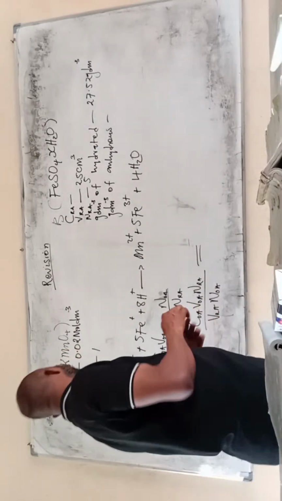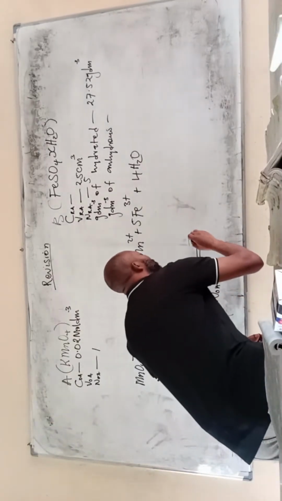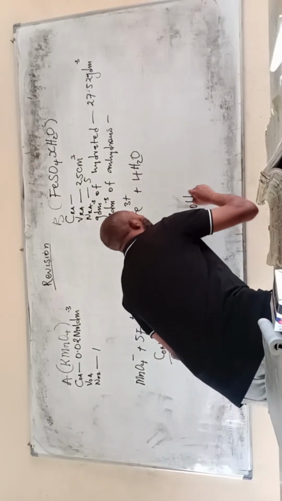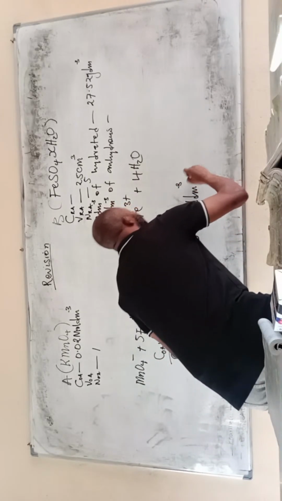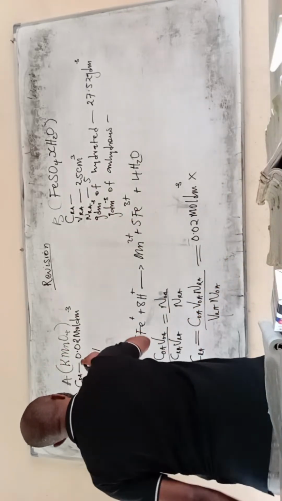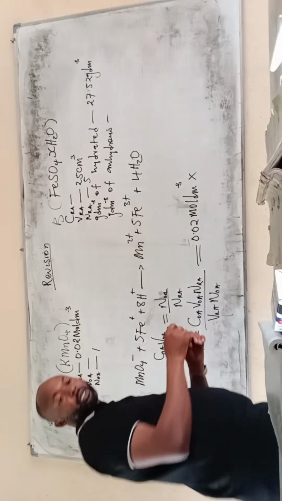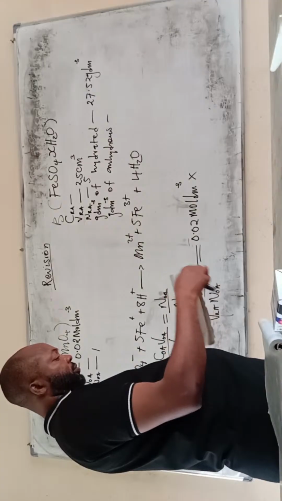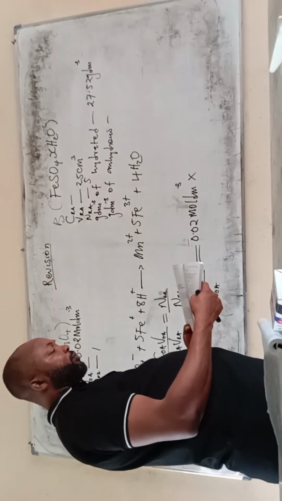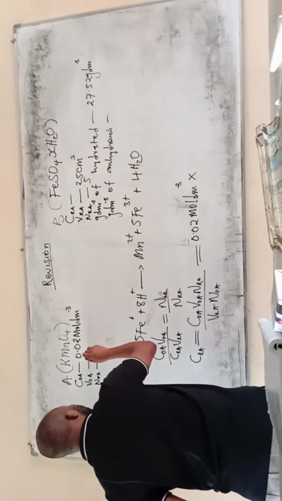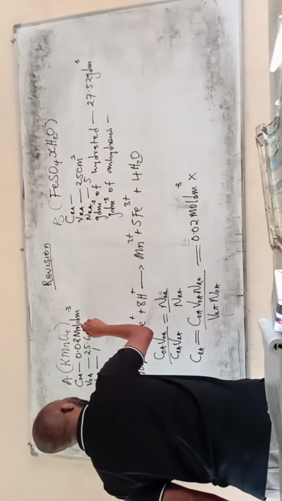The concentration of oxidizing agent is given to be 0.02 mole per dm³, times volume of oxidizing agent. Oh, I didn't take that out. Let me get it. The volume of oxidizing agent is 25.6 cm³.